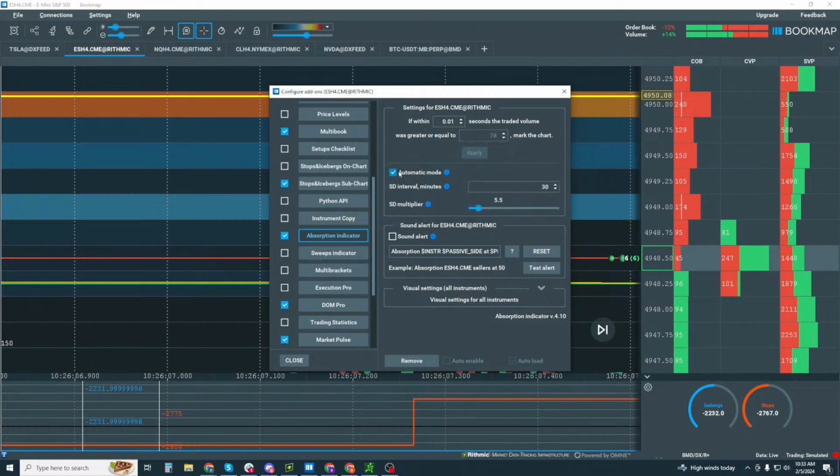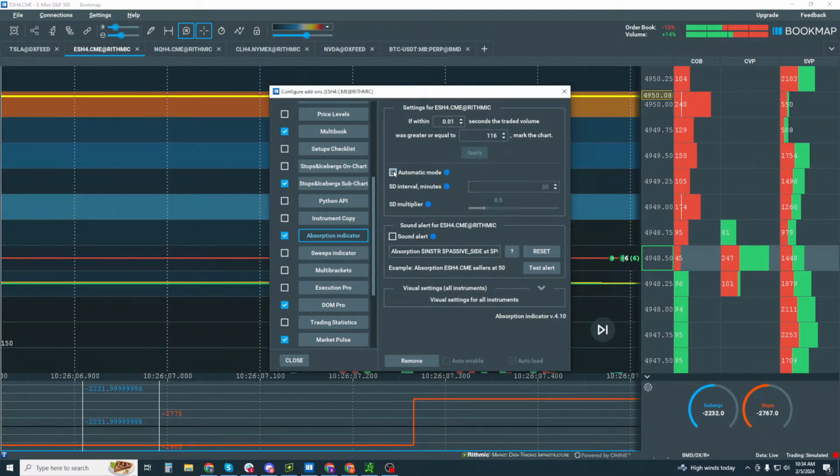Now you see how I can't select this any longer because it's based off the inputs here of 30 minutes and a standard deviation multiplier of 5.5, and it shows you that it's 78 here, and I cannot change that. It's grayed out. I can change it by changing the inputs here, and then you'll see now it's 116, right?